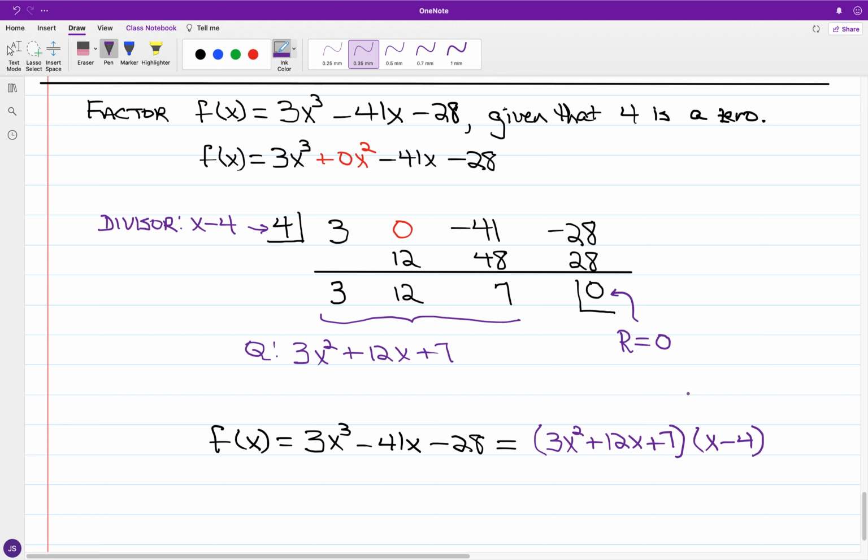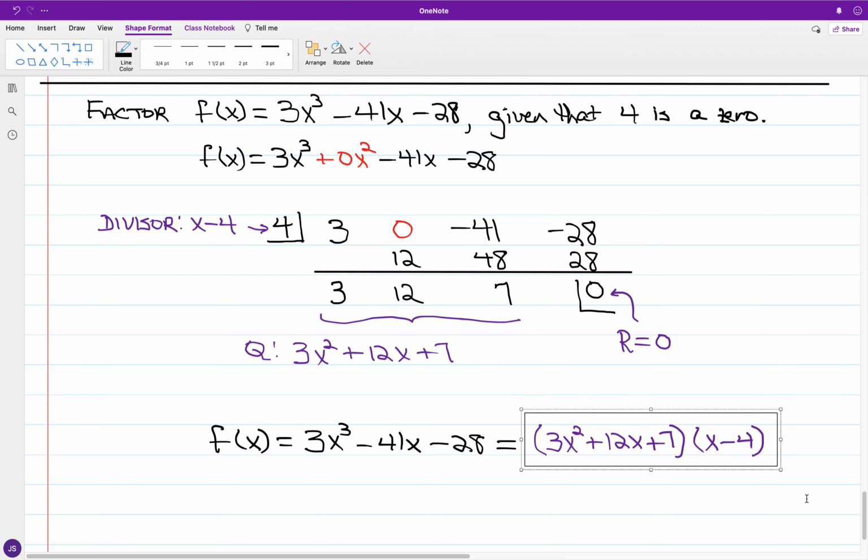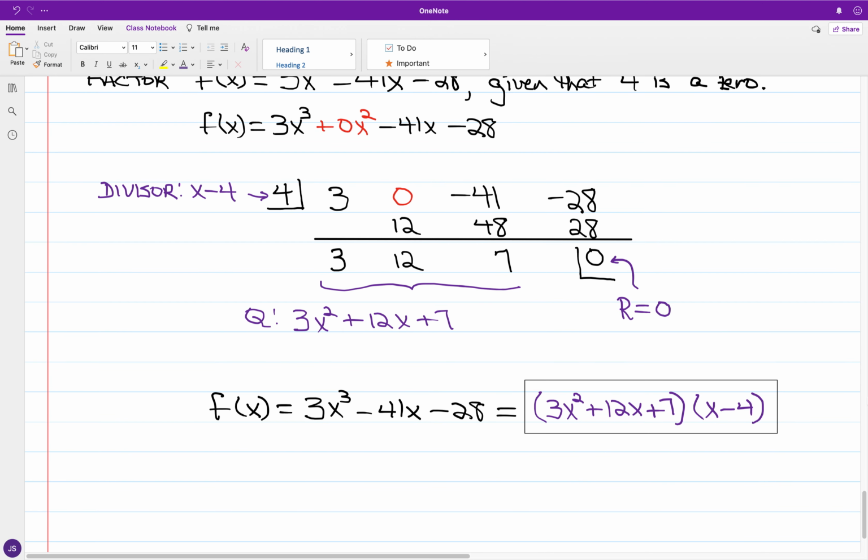There are no integer factors of 21 that will add up to 12. 1 and 21 have a sum of 22, and the other positive combination, 3 and 7, adds up to only 10. So this is the complete factorization in integer coefficients: the trinomial 3x squared plus 12x plus 7 times the binomial x minus 4.